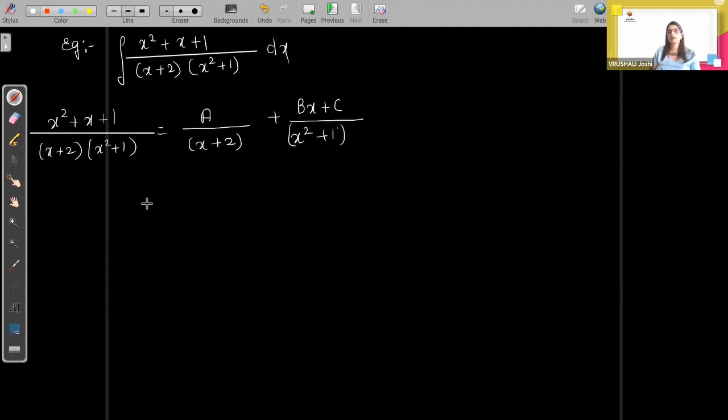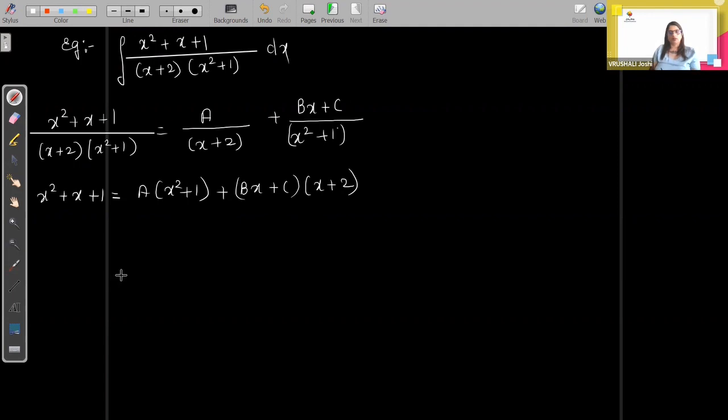Linear into quadratic वाला फॉर्म है ना ये. So now what can we take? We can take x is equal to -2 लेके. Okay, पहले तो इसको करते हैं, which is x² + x + 1 = A(x² + 1) + (Bx + C) एक ब्रैकेट में रखेंगे और इसको लेंगे हम लोग (x + 2).